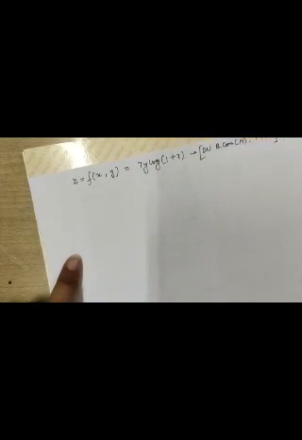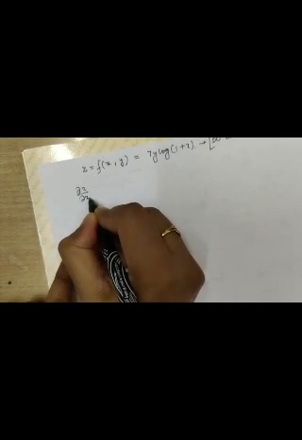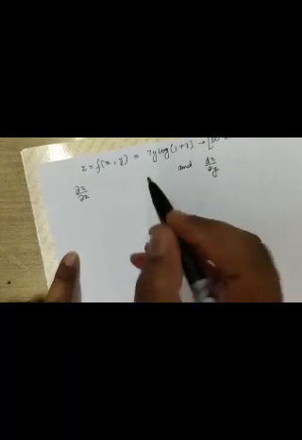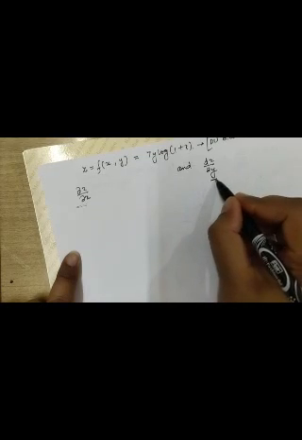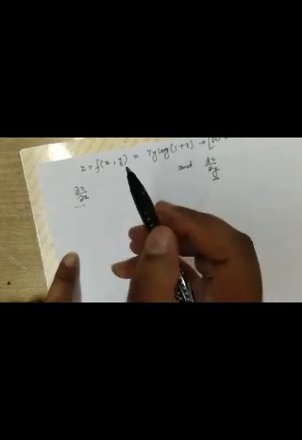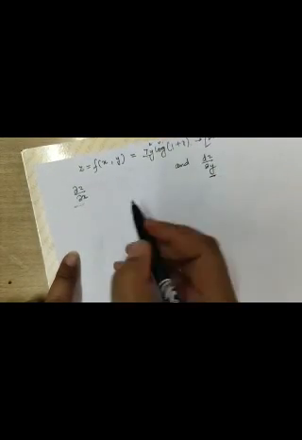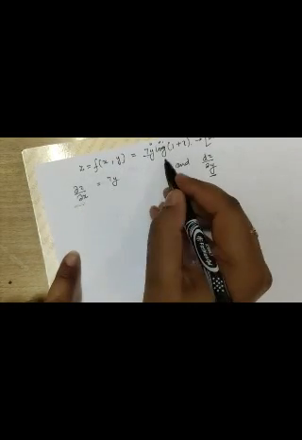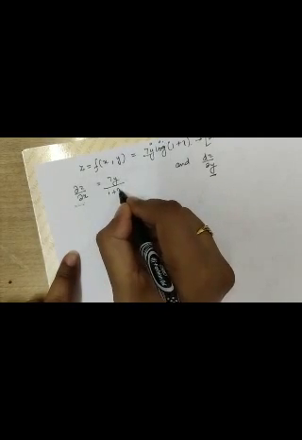Now, what will be the solution? First we calculate delta z by delta x and delta z by delta y. Here y will be constant, and for the other, x will be constant. I hope this concept is clear to you now. Using the uv rule, this will be 7y, and the differentiation of log of 1 plus x is 1 by 1 plus x.